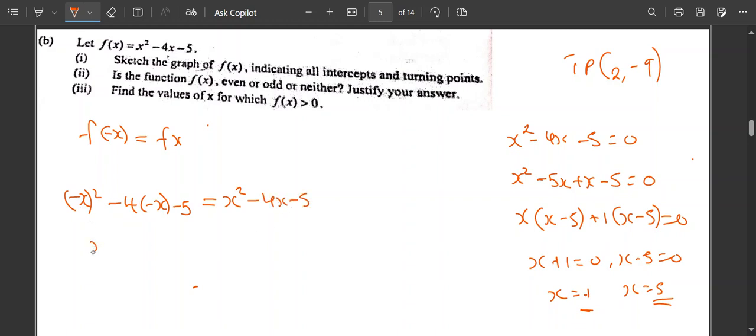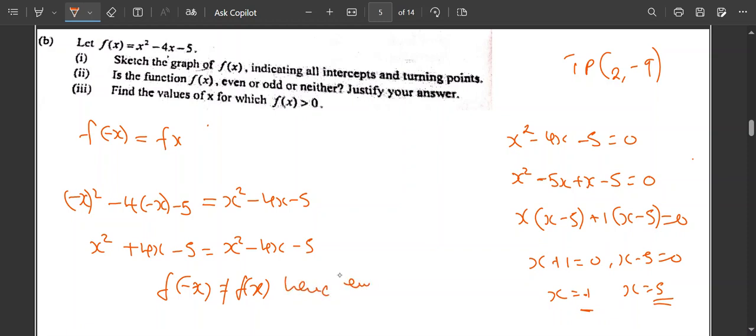Here it will be just x squared, then here it will be plus 4x, then minus 5, which is equal to x squared minus 4x minus 5. Is this the same? Here you can see this is negative, and here it is positive. So this is not the same. So f of negative x is not equal to the function, hence not even. We have disqualified it. So let's go and prove also for odd.